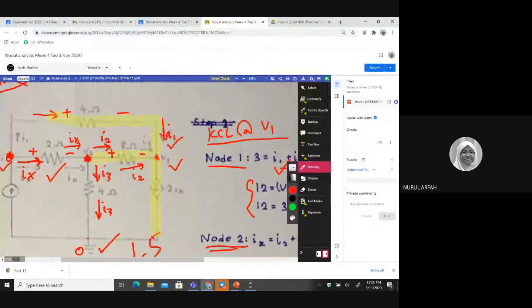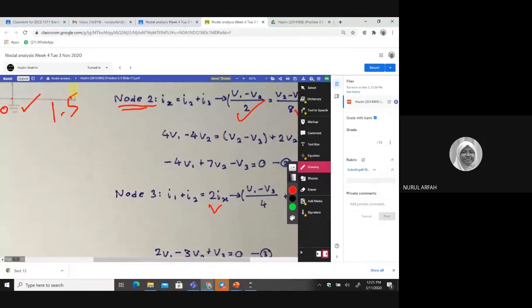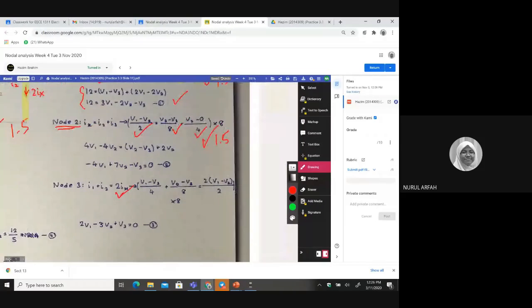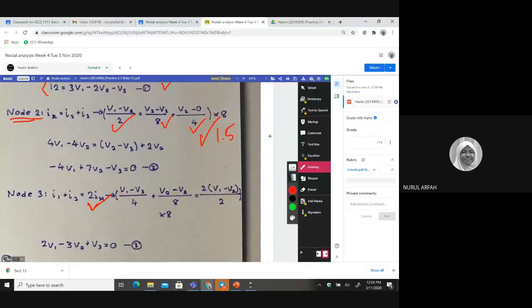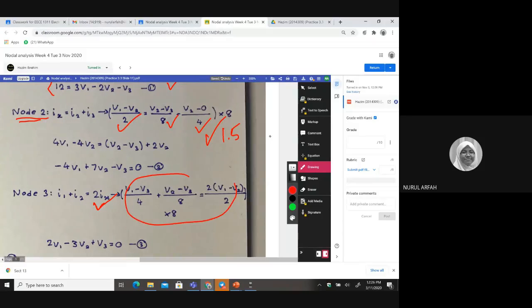Okay, and then I1 plus I2 equal to 2IX. Why? Because this is your 2IX. Just follow the current direction here. So that's why Hazim gave this answer. Yes, this is correct. By the way, if you get this part wrong, then I will look at your answer here.